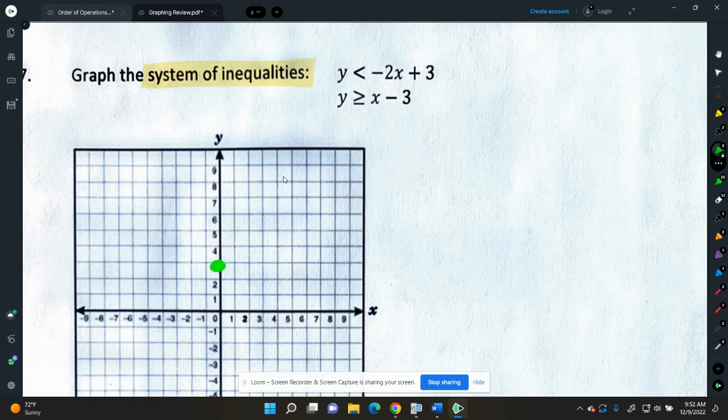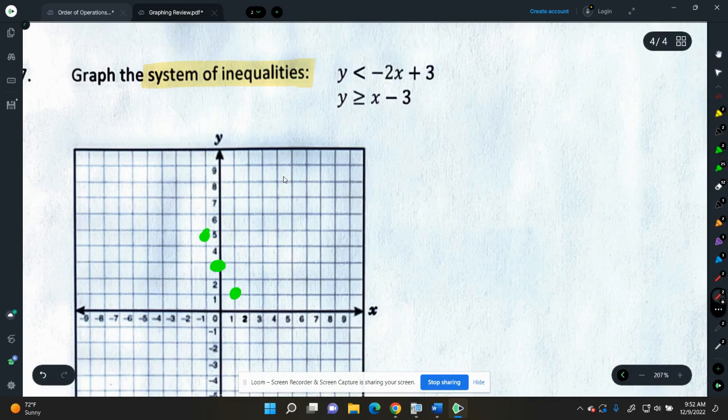Then you go down 2, over 1. Which way do I go over, left or right? To the right, yes, because I went down 2. If I went up 2, I would go to the left 1, like that, okay?